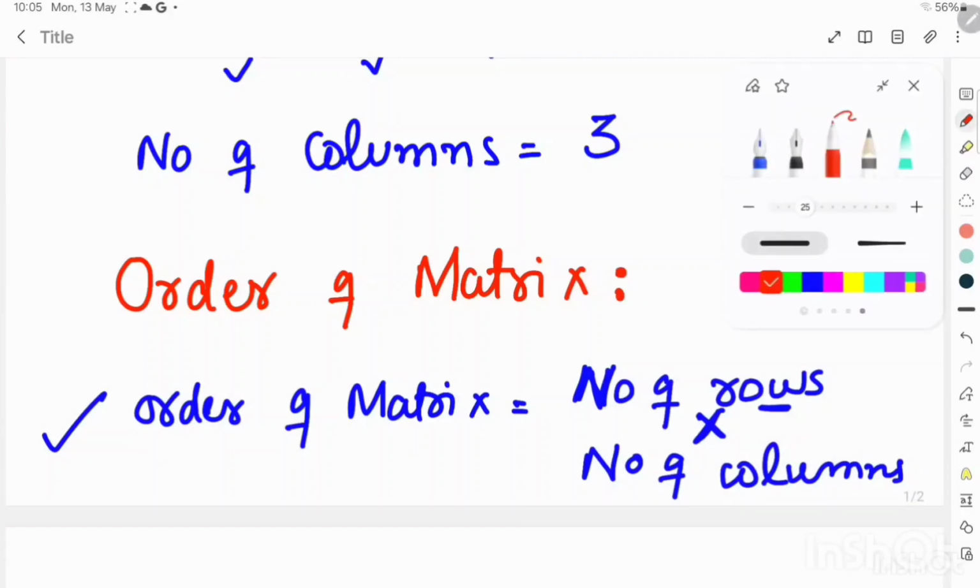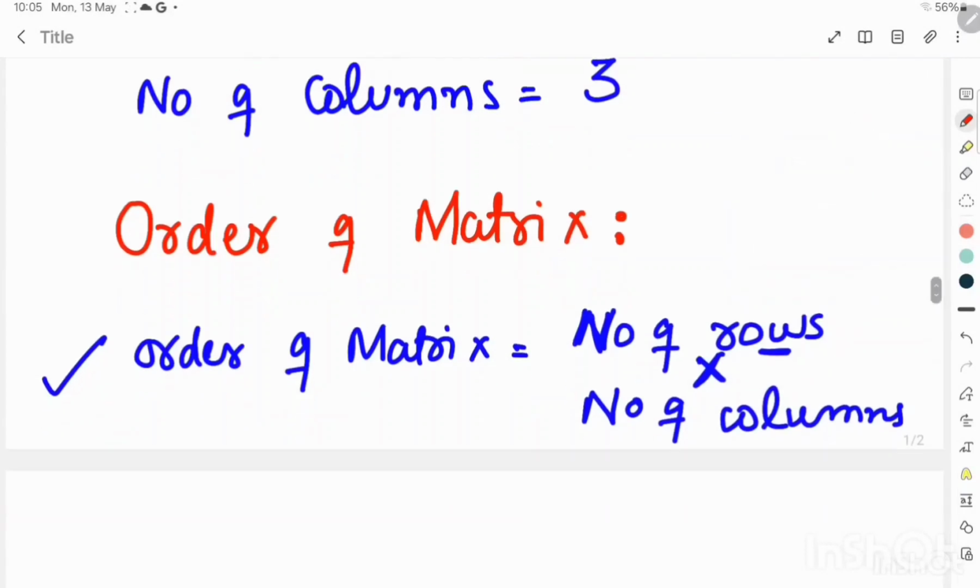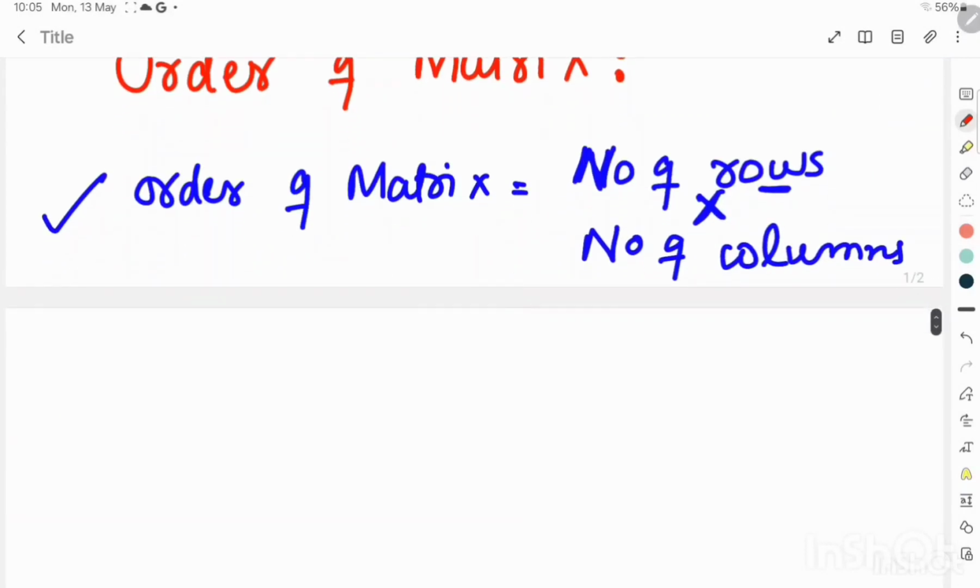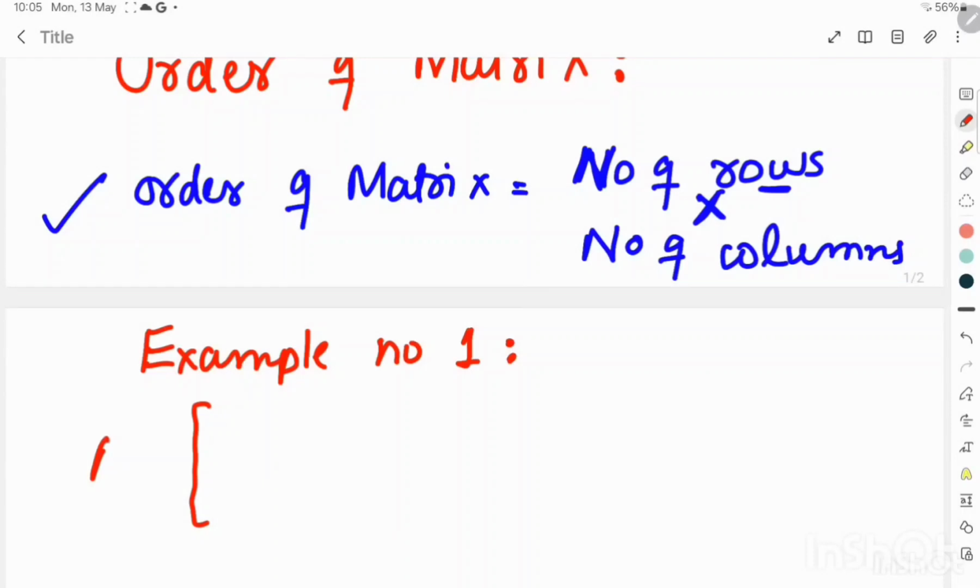So to find the order of a matrix, I will show you an example. Example number 1: here a matrix is given, the matrix is A, and the elements of the matrix are these.